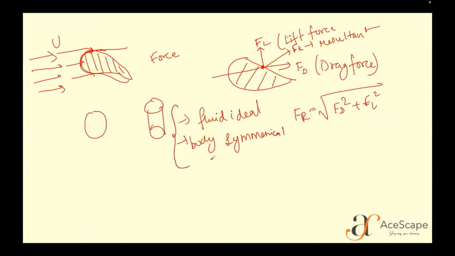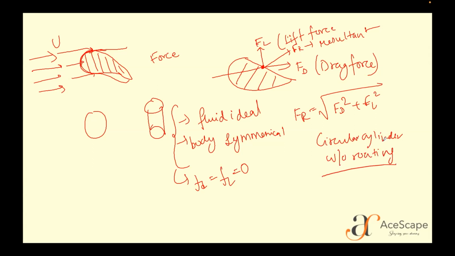In such special scenarios, FD equal to FL equal to 0, which I think has been discussed during potential flows for a circular cylinder without rotation. I remember I have discussed this concept in my lectures. So if you have not remembered, you can go and check it out once.